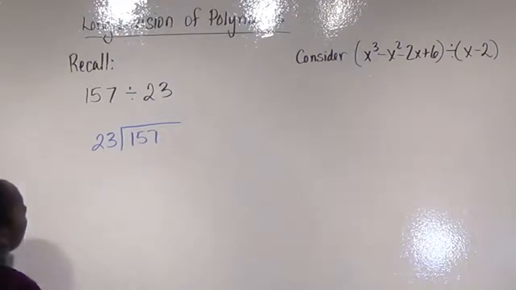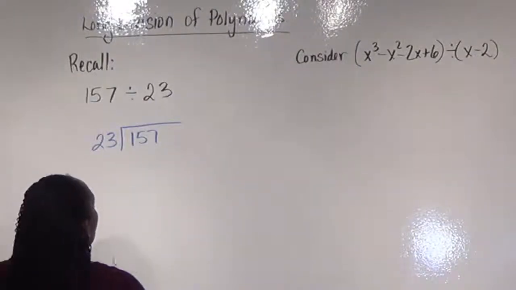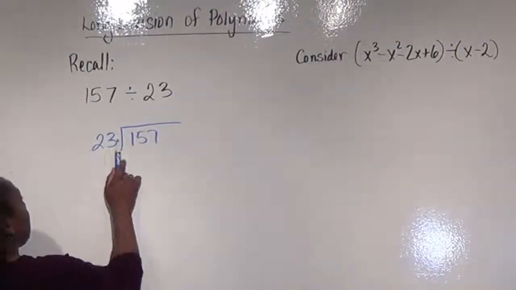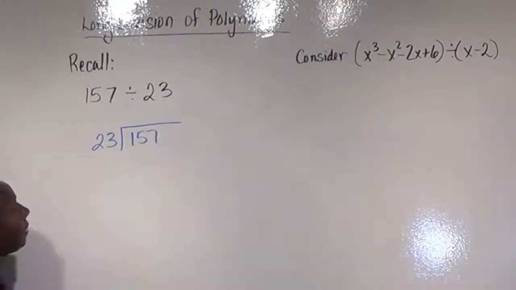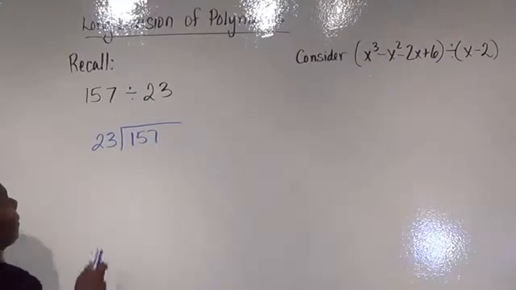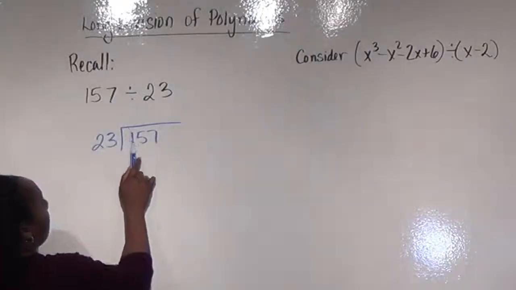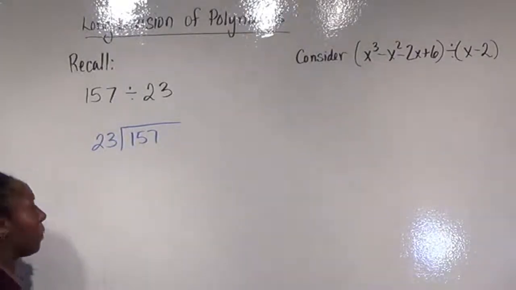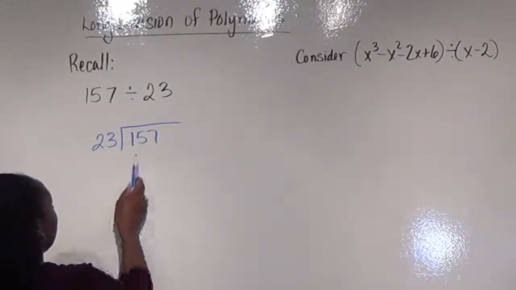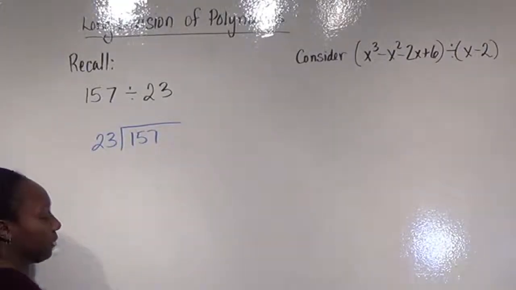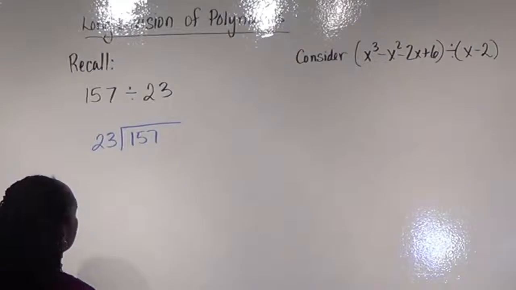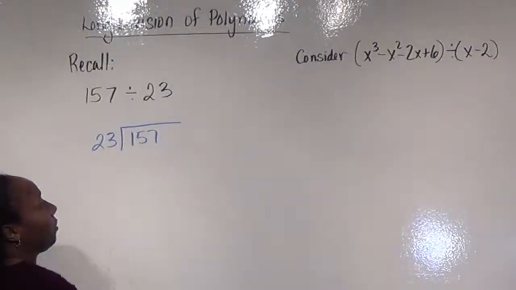To do this division, I want to see how many times 23 is going to go into each component of the number. 23 doesn't go into 1, so I'm going to move on. How many times will 23 go into 15? Again, it doesn't, so I go 23 into 157.